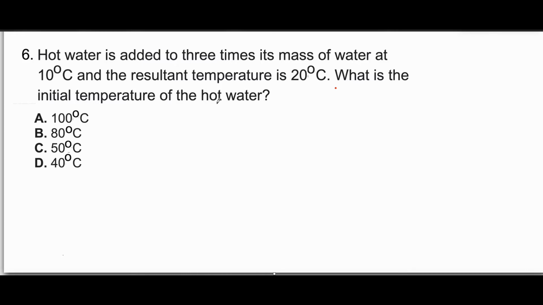We are looking at the principle of mixtures here, which states that the heat lost by a hot body is equal to the heat gained by the cold body when they are mixed together and attain the same temperature.